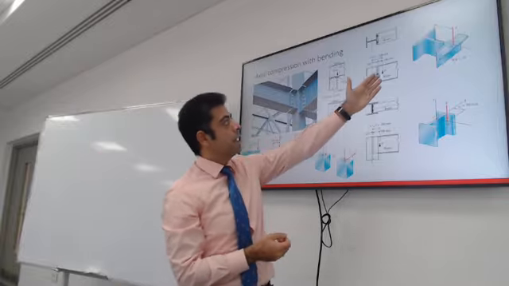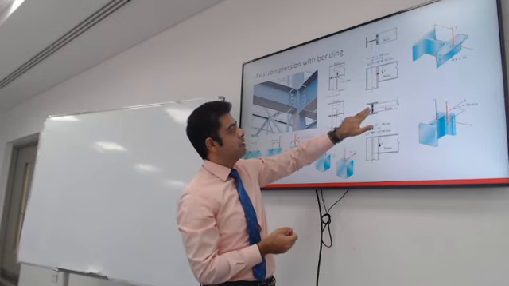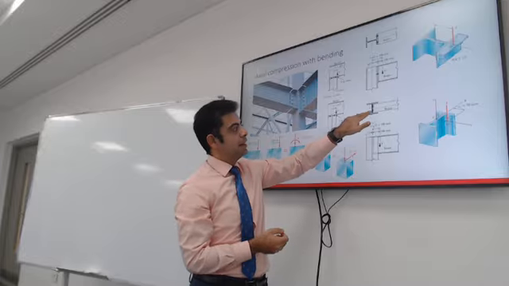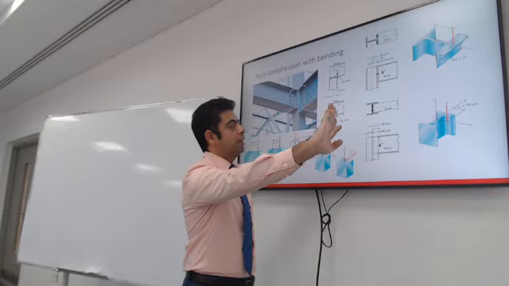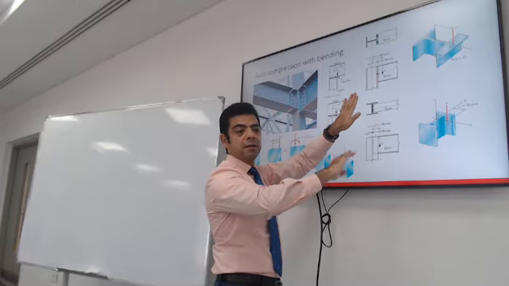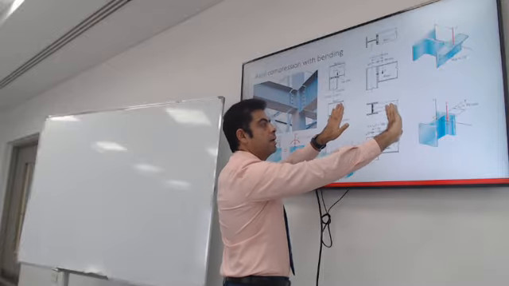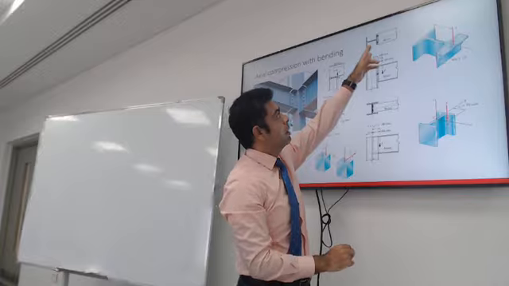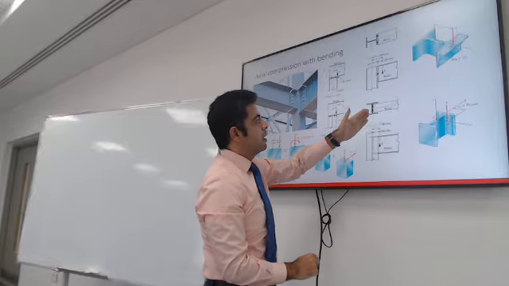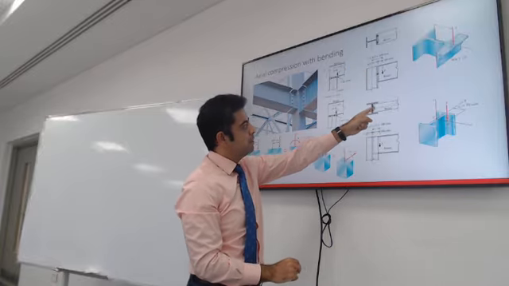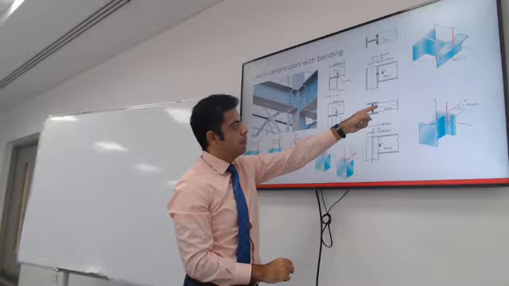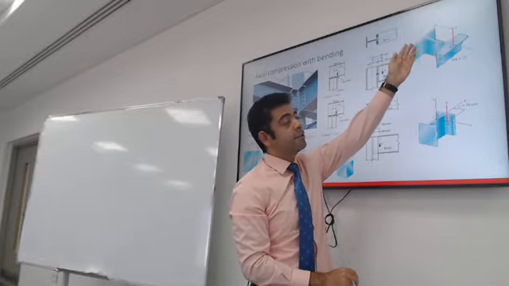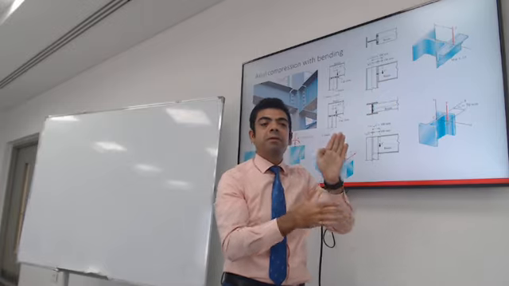So this is another way of looking at it. You can have a vertical column. It has an I section, and framing into it, this is a plan. You're looking at the plan view of the column. A beam could be framing into the web, or it could be framing into the flanges. In either case, the weight of the beam is going to be applied at an eccentricity, E, from the center line of the column.